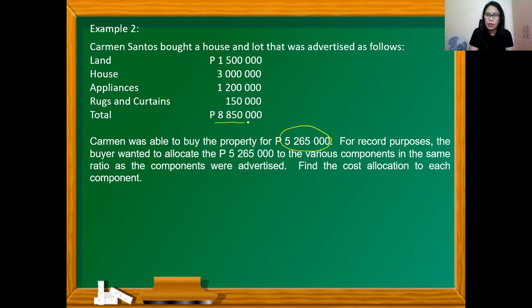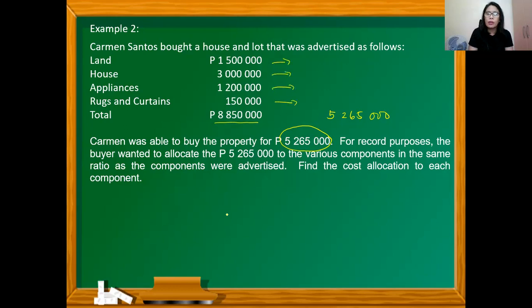So instead of considering this, she would consider 5,265,000 there. So there will be a new amount for each of these, and that is what we're going to work on.